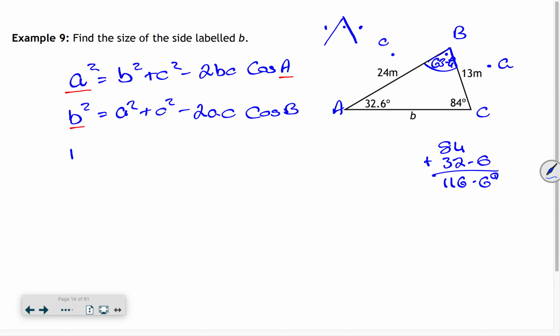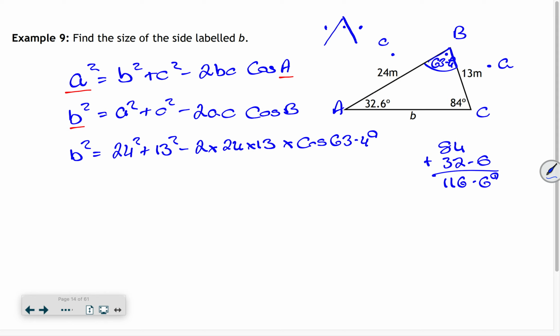So that'll be b squared is equal to 24 squared plus 13 squared minus 2 times 24 times 13 times the cosine of the angle in between those sides, which is going to be cos 63.4.